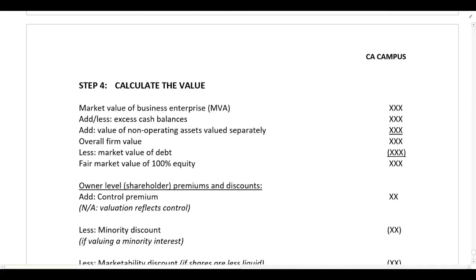Then lastly, in step 4, we are going to bring everything together and calculate the value. So we start with the market value of the business enterprise, or the MVA, and this comes directly from step 3. So whatever we calculated in step 3, you slot that number in over here. Then the rest of the calculation is identical to the free cash flow method. After that, we are going to add or deduct any excess cash balances. So remember, excess cash is not operating in nature.